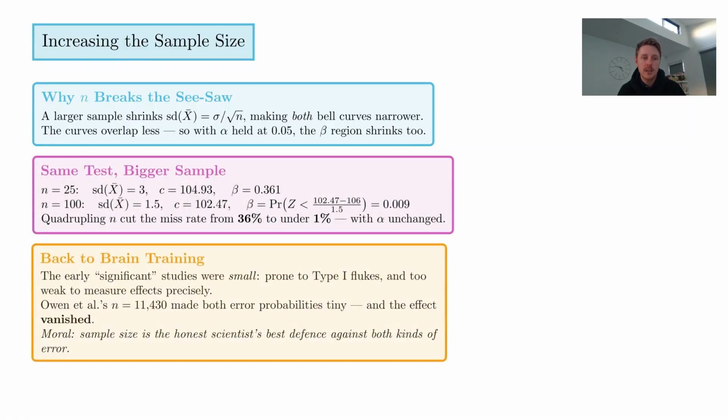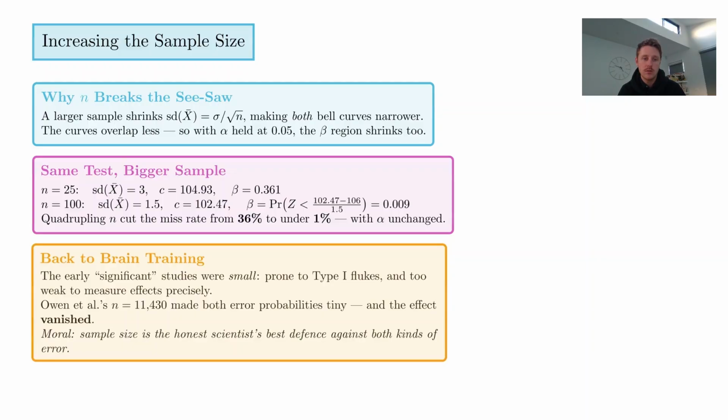So if we did the same test, but we had 100 people, crunching the numbers for our type 2 error, we get 0.009. So quadrupling n cut the miss rate from 36%. Remember, the miss rate is this idea of a type 2 error, from 36% down to 1% with alpha unchanged.